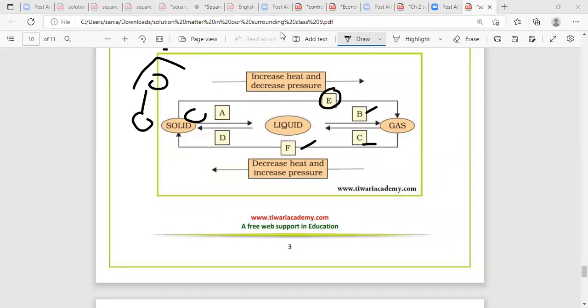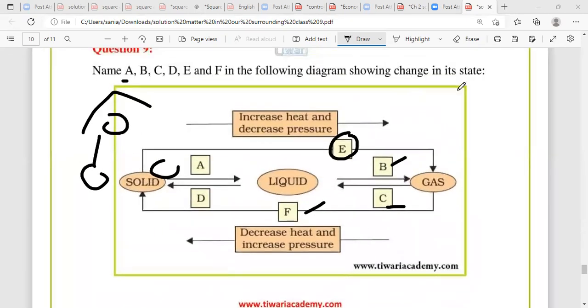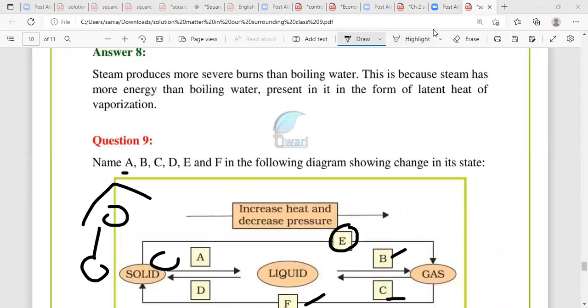In others' books, Jaslin and Jeba, in your book also, is it written something different? Just check the table. I was only teaching you from the NCERT, right? So the only mistake which I saw in most of the books was about gaseous and solid.